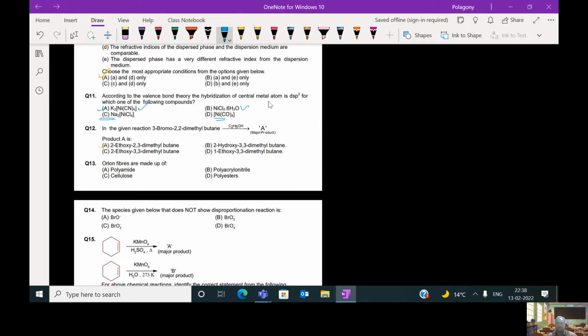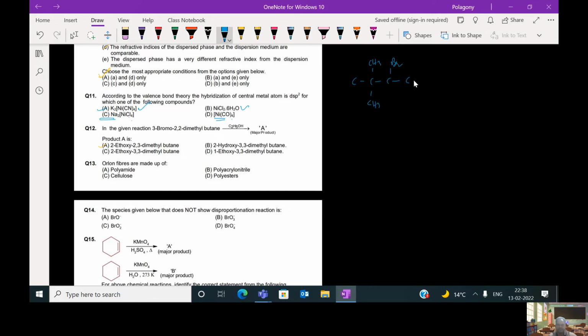In the given reaction, 3-bromo-2,2-dimethylbutane. So here is 1, 2, 3, 4, butane. So 2,2-dimethyl: here is a methyl group, and here is the other methyl group. 3-bromo, the bromine is mentioned here.